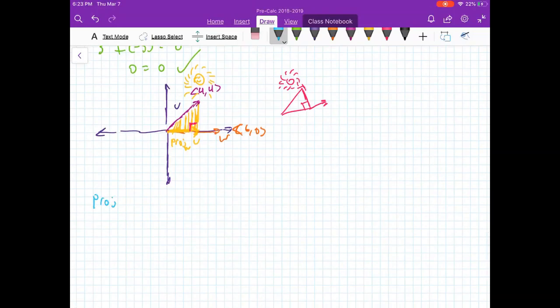The projection of U onto W equals the dot product of U and W over the magnitude of W squared, times W. Now, for the sake of your time, I'm not going to go into a full-on proof as to why this works the way it does, but you can kind of see intuitively, we're taking this U and multiplying it by W twice, and dividing by W twice. And so it's really just U, but morphed into W.